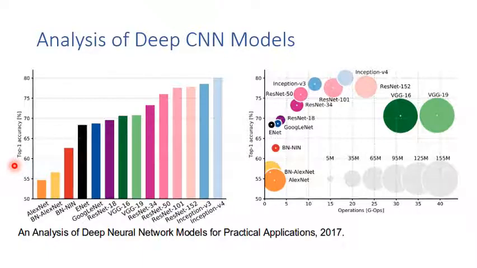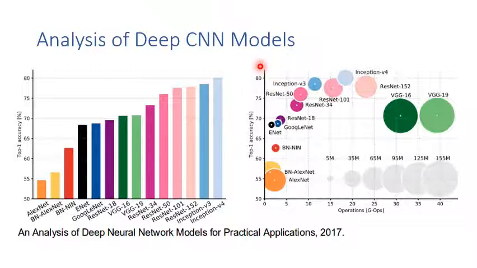So top 1 accuracy is better to evaluate the models. Although we have achieved around 3.5 top 5 error rate using ResNet, the real top 1 accuracy of the best model is around 80 in 2017.